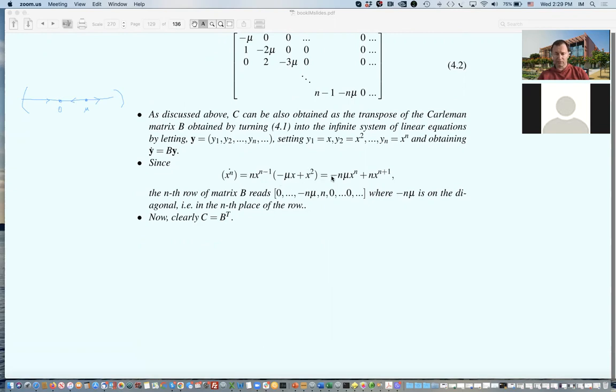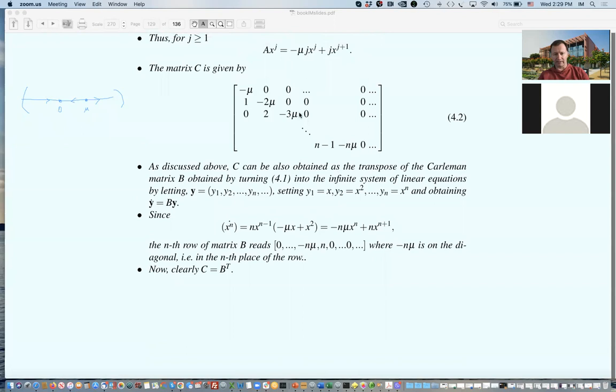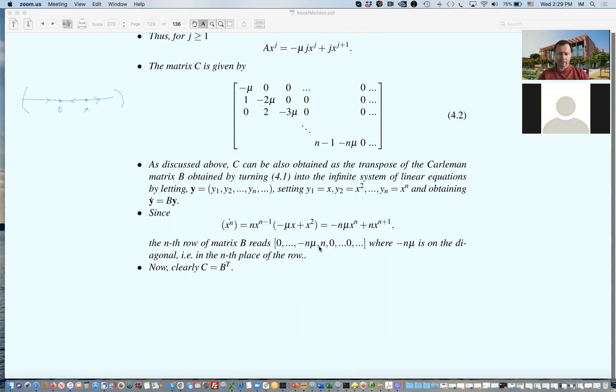And that's going to give us minus n mu x to the n plus n x to the n plus 1. And so you see, as I pointed out, that the nth row of the matrix actually reads minus n mu in the nth position and 0 everywhere else. So I pointed this out on the n is equal to 1 case, but that's actually stated here and computed generally.